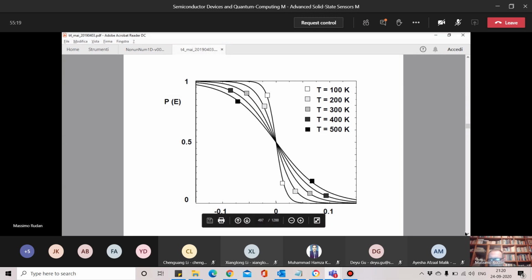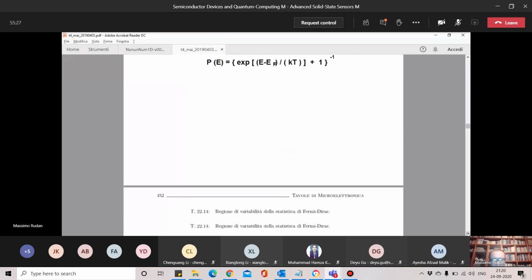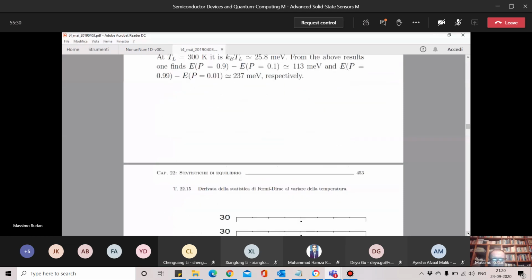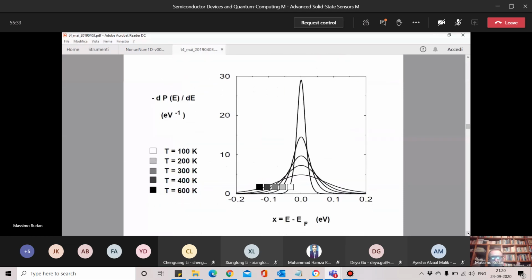So if you take the derivative of this curve and you change the sign, so the negative slope becomes positive, you obtain a set of curves like this. This is just minus the derivative of the Fermi statistics at different temperatures. And you see that when you increase the temperature, that means you consider the black square, the peak becomes wider.